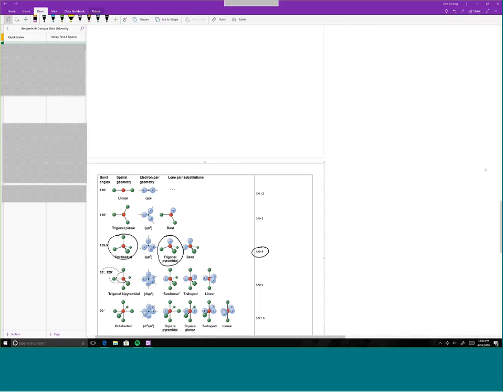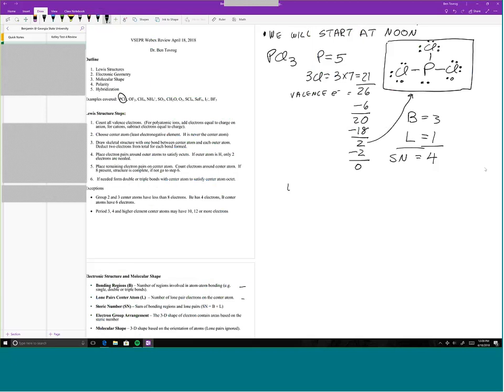So the molecular shape is only going to be involving the center atom and the outer atoms, ignoring the lone pairs. So the molecular shape will be trigonal pyramid. So let's go back and fill that in. So the electronic geometry, from now on, I'm just going to call it EG, and that is tetrahedral.